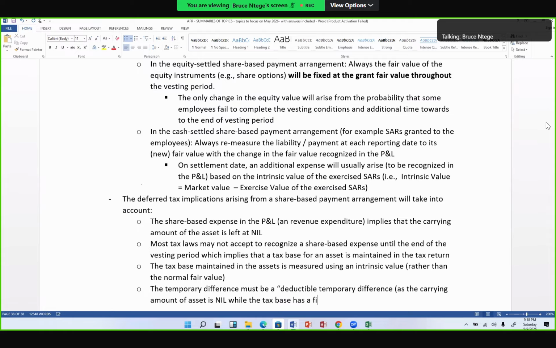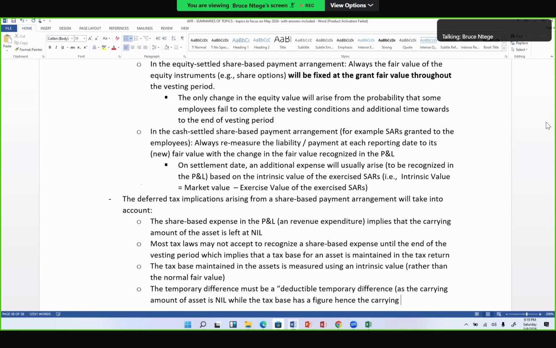Hence, the tax base is greater than the carrying amount, so the carrying amount of the asset is less than the tax base. Those of you who can remember, whenever the carrying amount of an asset is less than the tax base, we shall have a deductible temporary difference.